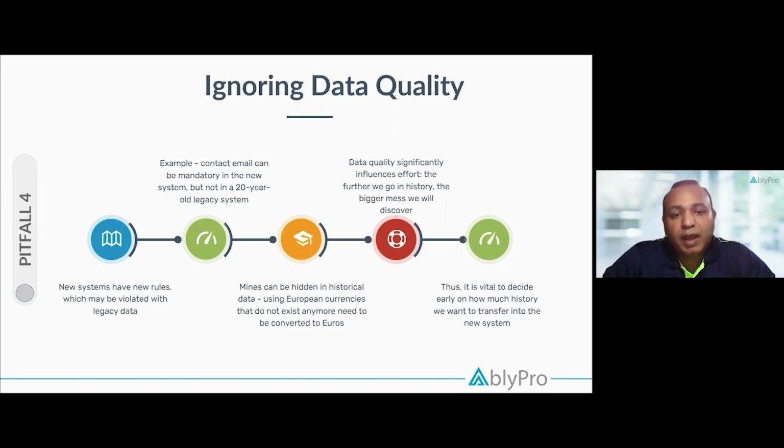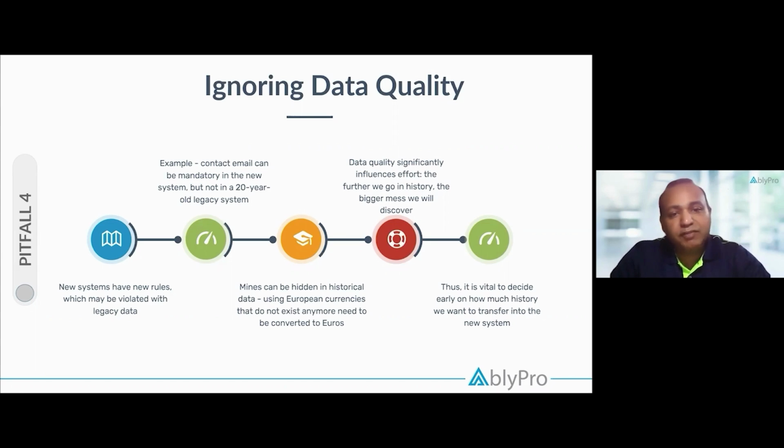So what will happen is, in the old legacy system, since the contact email is not mandatory, there will be blank fields in it. There would be numerous blank fields because it was not mandatory. But when you are migrating from the source system to the targeted system, since in the targeted system it's mandatory, your migration process will fail because it will expect a value to be passed from the source system to the target system in terms of contact email.